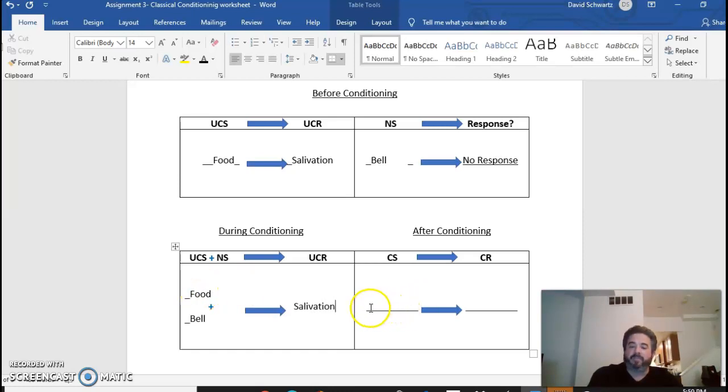It's only after conditioning that we remove the food, and what we have left is the bell producing salivation, meaning the bell has become the conditioned stimulus, and the salivation is now considered the conditioned response because it happens in response to the bell.